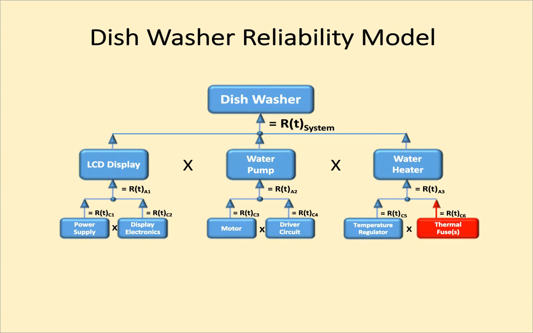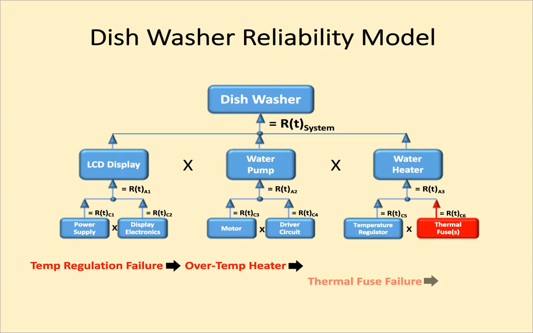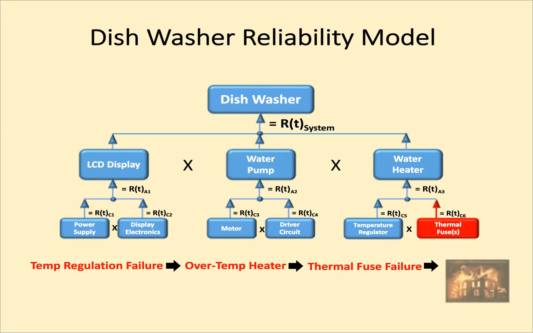So as a fail-safe backup, thermal fuses can be used to sense the temperature of the water heater and shut it down if it reaches a specified temperature before it starts a fire. You probably want those thermal fuses to be redundant, perhaps have two of them, and it is a safety critical device. And here's why. If there's a temperature regulation failure and the heater goes into meltdown or over temperature, and if the thermal fuse fails to open the electrical circuit and shut down the heater, you can end up with a structure fire. Not a good result.